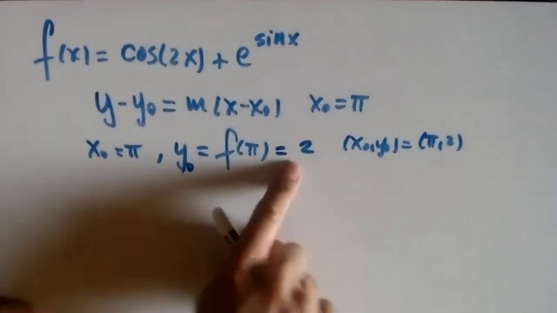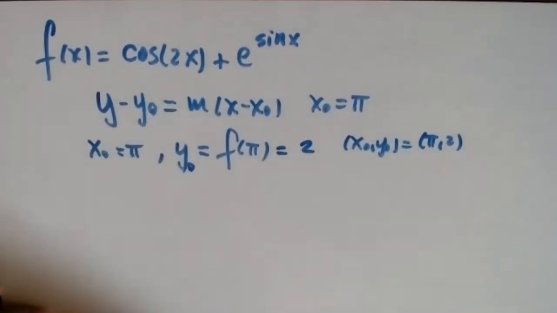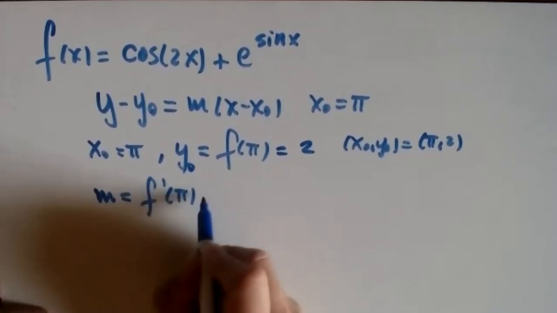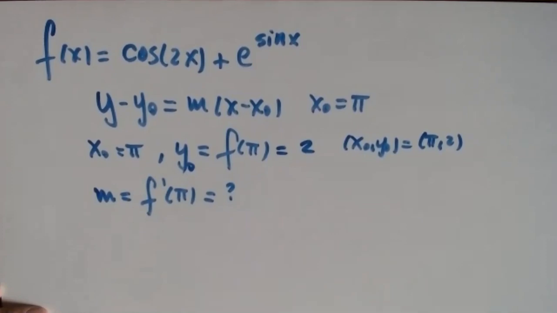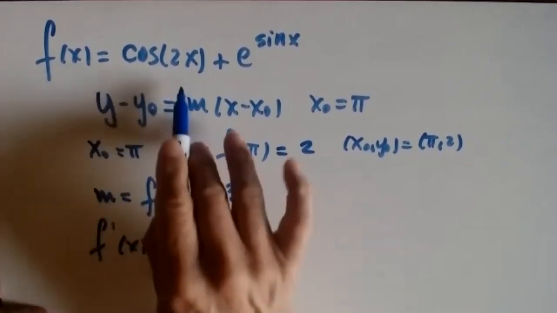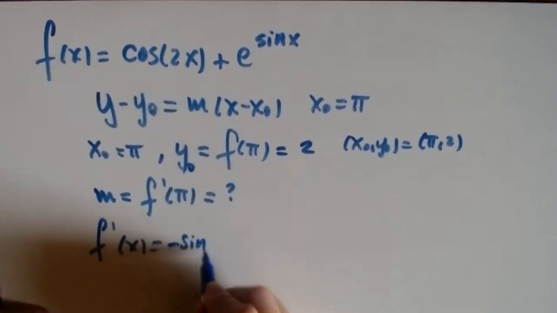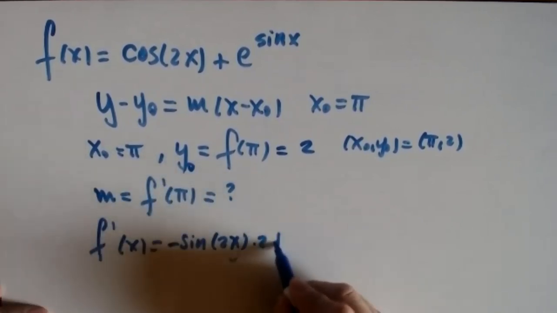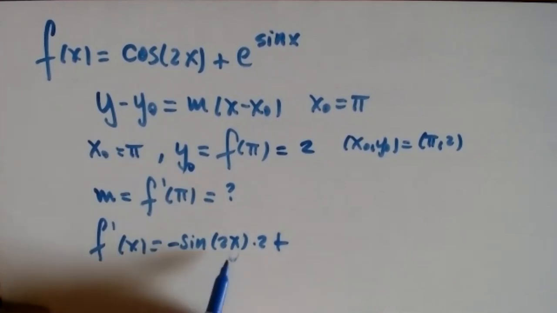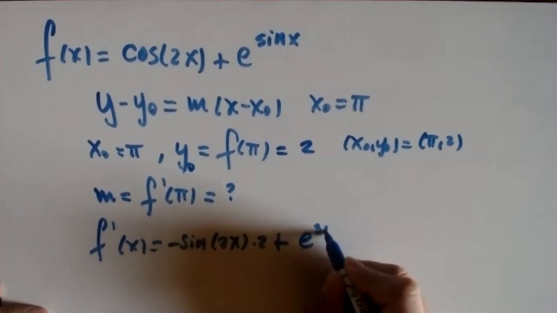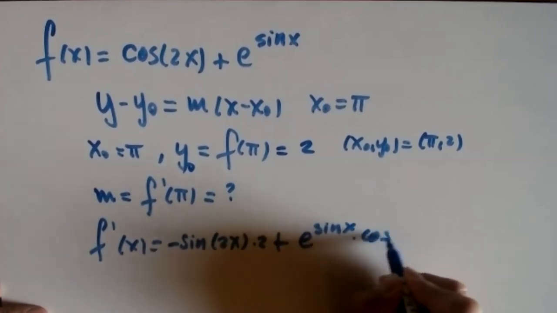So the only thing we have to do is substitute this right here and get the 2. Then m was f prime at pi, correct? That was m. So hicimos f prime of x, the derivative of this, so it's negative sine of 2x times 2, since the derivative of 2x is 2, plus e to the sine x, same function, times cosine x.